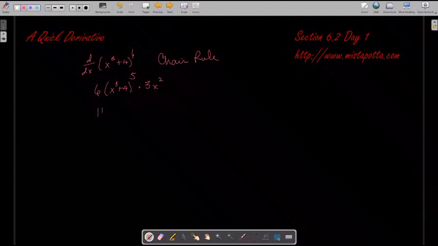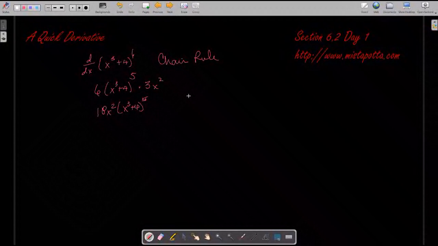And so I end up with 18x squared times x cubed plus 4 raised to the 5th power. I can take this derivative fairly straightforwardly.